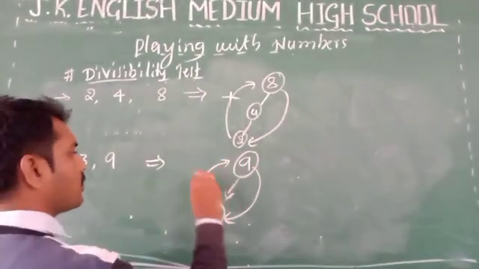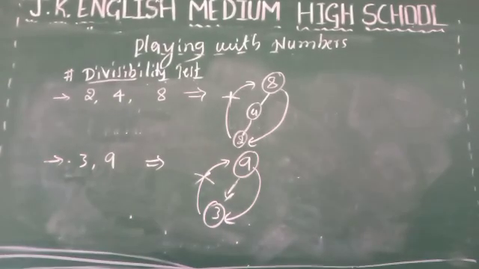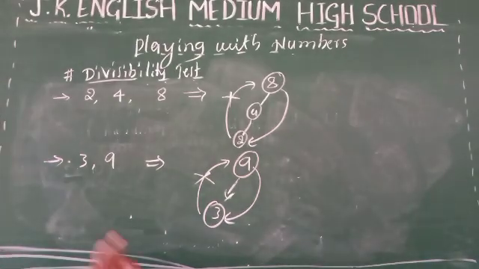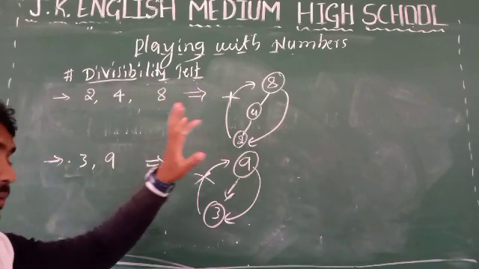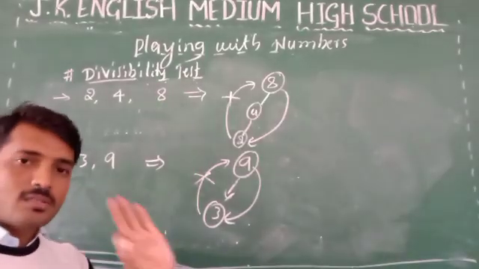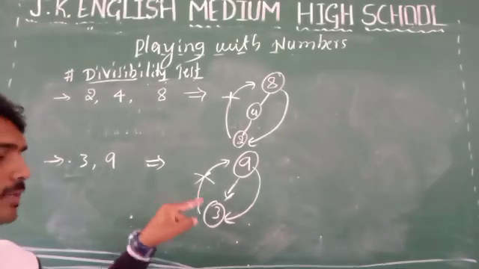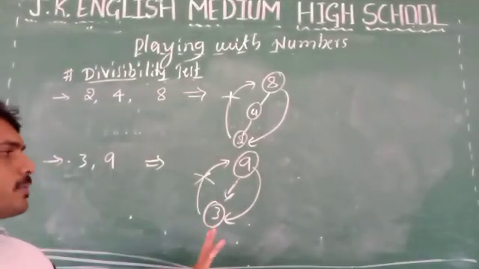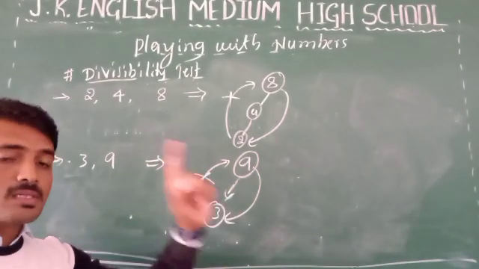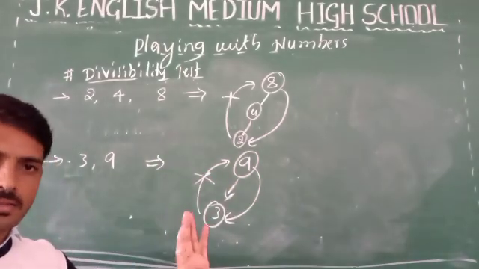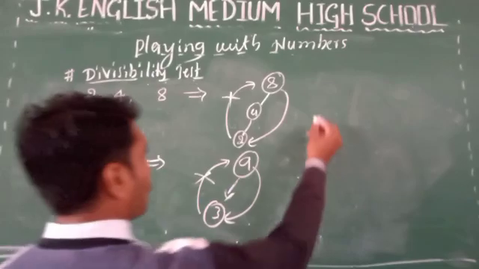The number which is divisible by 3, sometimes it is not divisible by 9. Understanding? The number which is divisible by 9, that is 100% divisible by what? 3. But the number which is divisible by 3, it is not 100% divisible by 9. For example, 6. 3 twos are 6, but 6 is not divisible by 9. Understanding? Okay, condition number 3.